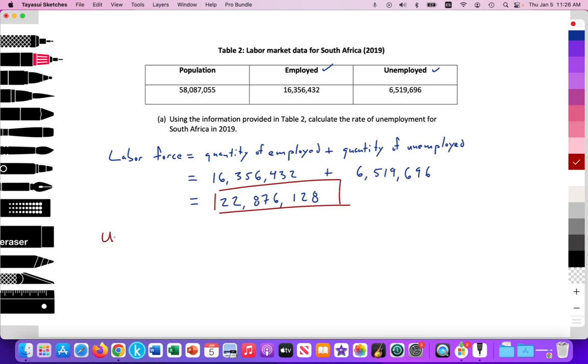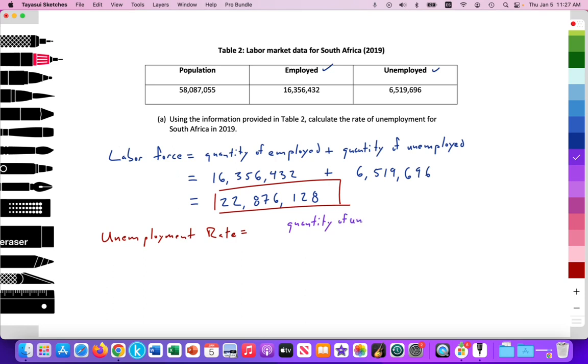The unemployment rate is a formula. And it's equal to the quantity of unemployed divided by the total labor force, multiplied by 100, so we get a percentage. And that would be equal to quantity of unemployed.